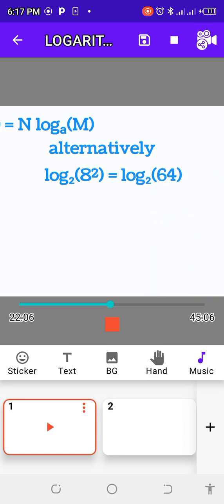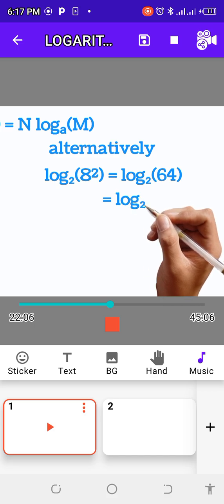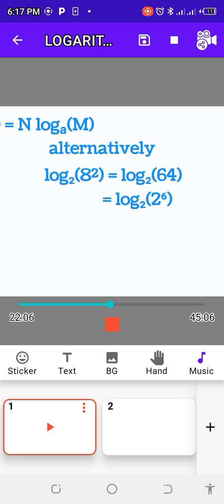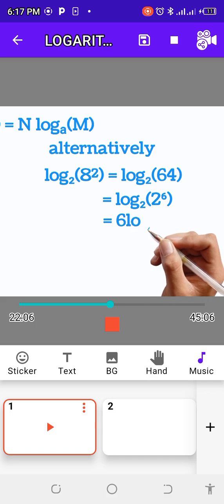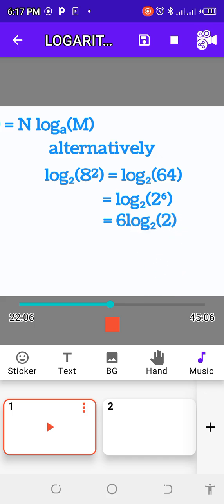Log 64 base 2 is the same as log 2 raised to the power 6 base 2, which automatically becomes 6 log 2 base 2, which is equal to what? 6.